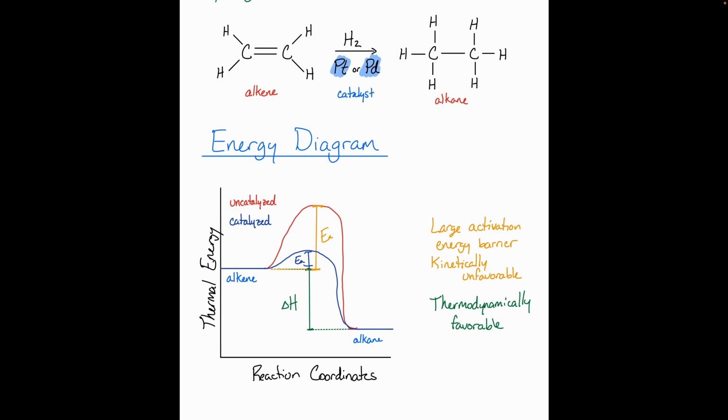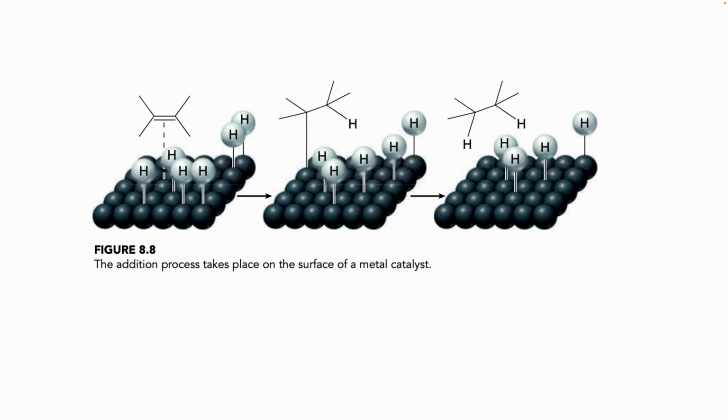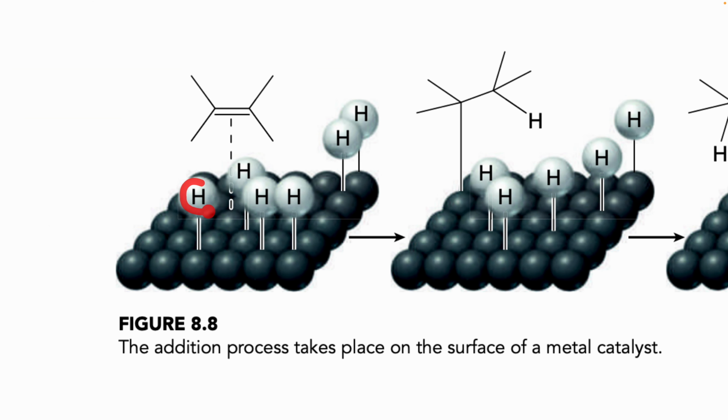Okay, and so this particular reaction is one that we're not going to have like a full mechanism for. I'm going to note an important feature of having those metal catalysts, platinum, palladium, these are metals, right? So they're going to be like a big chunk of metal that you throw into this reaction mixture. And what happens is the hydrogen actually bonds itself to the surface of that metal catalyst. And then your alkene comes along and we have our addition reaction. All right?